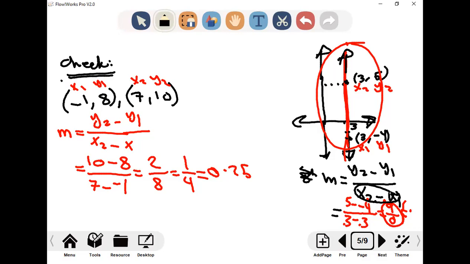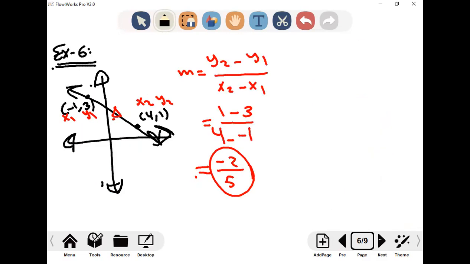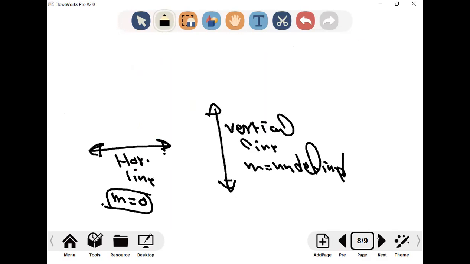Again, if you have a vertical line, you have the same value of x, right? If you subtract the same value of x down, it will be 0. If you have 0 down, the answer should be undefined. That's why the vertical line has an undefined slope, okay? Done?